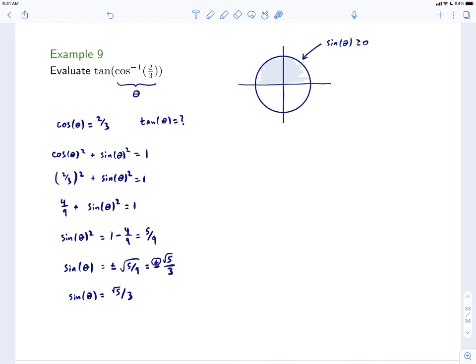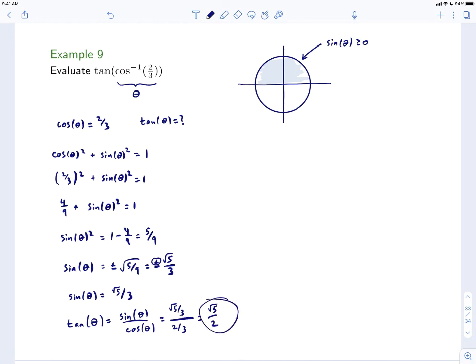The thing we want is tangent, but of course tangent is sine over cosine. So we write that tangent of theta is sine of theta over cosine of theta, which is the square root of 5 over 3 divided by cosine, which was 2/3. So that gives us square root of 5 over 2.